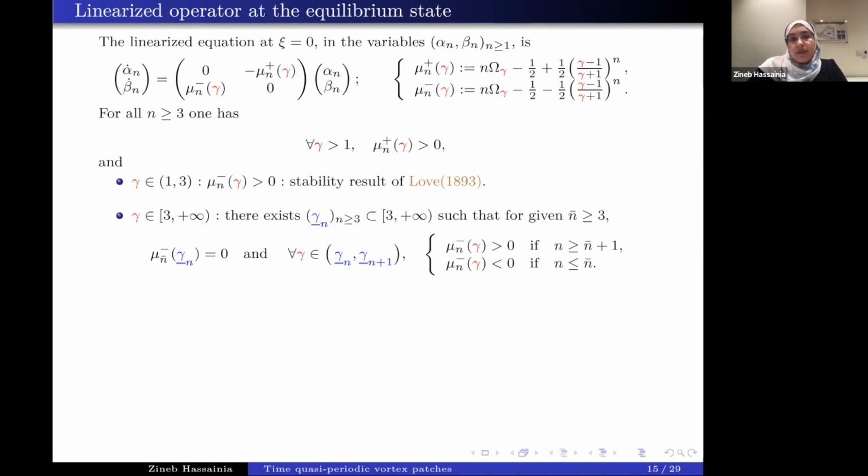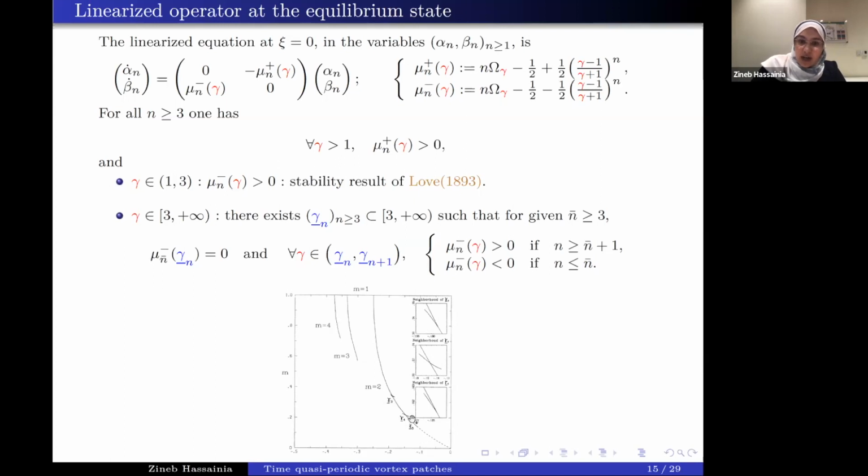And then starting from gamma larger than 3, degeneracies appear. Those points of degeneracies are exactly the bifurcation points from the curve of the ellipses. So as I said, this is the disk, which corresponds to gamma equal to 1. And then the first degeneracy occurs at gamma 3 equal to 3, and so on.